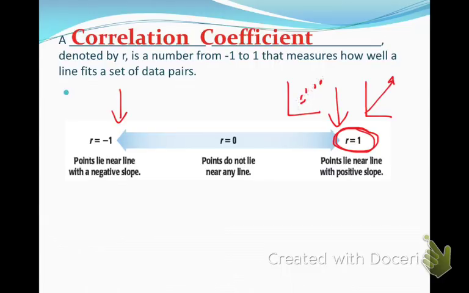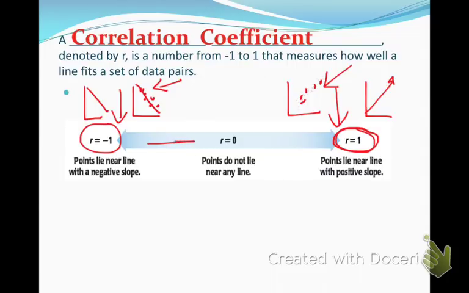Now, on the other end of the spectrum, exactly -1 would be a downhill exact linear equation. But getting close to -1, like maybe -0.9, would be points that are really, really close to one another and definitely have a downward trend. This would show a strong negative correlation, where this would be a strong positive over here.